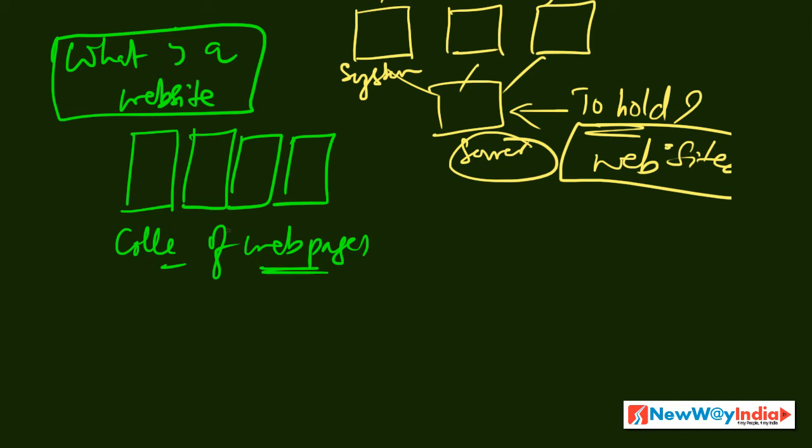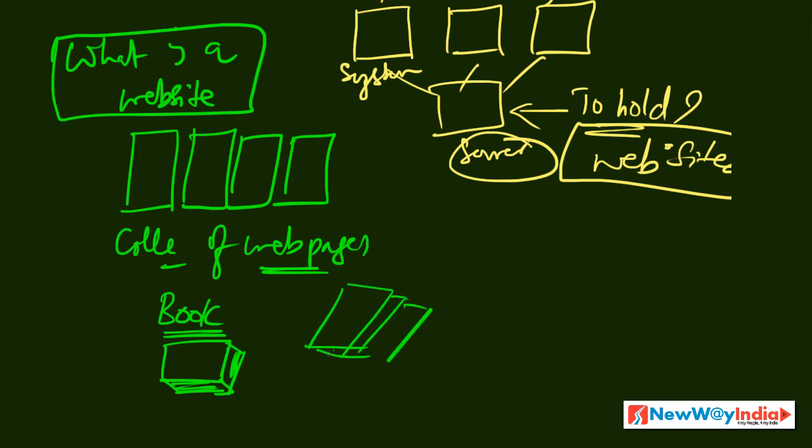Once upon a time, it is almost like a book. It is a collection of pages printed and kept in a store. In the same way, a collection of pages has to be kept somewhere. That is called a server, web server, and that is called a website.